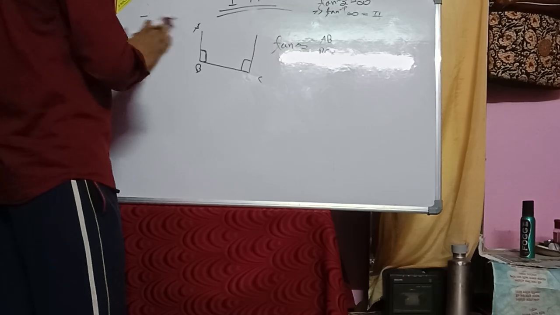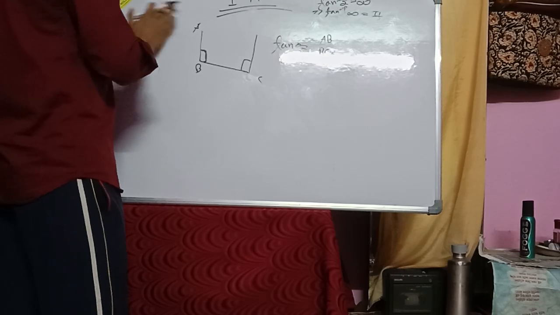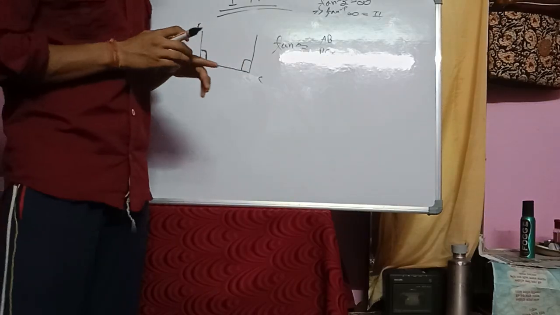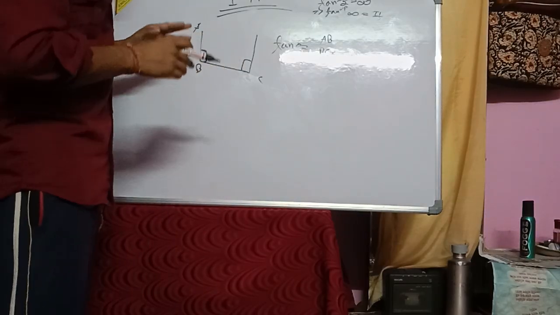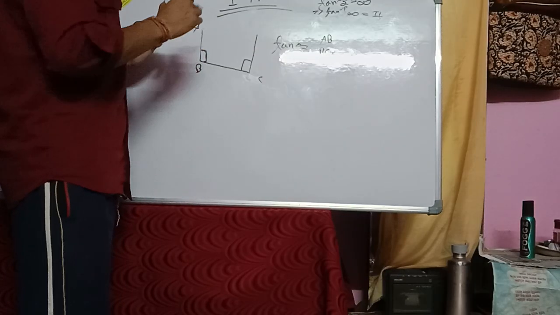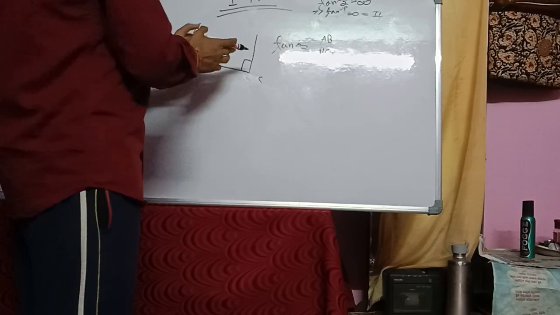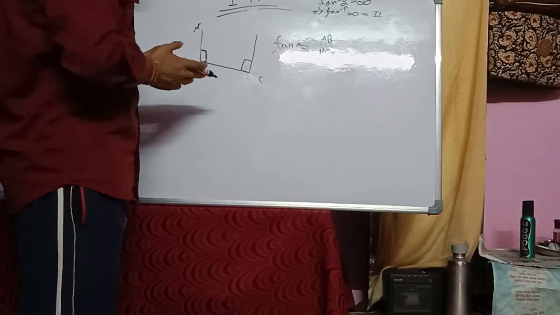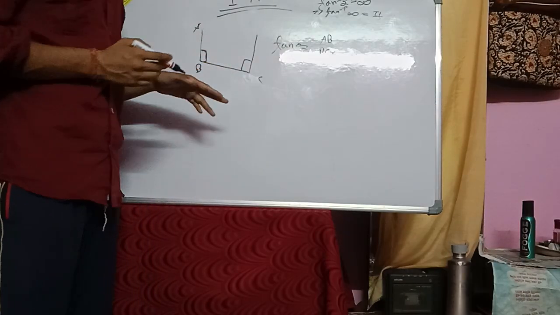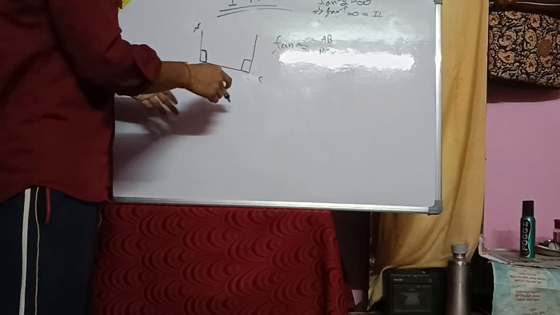So that means these two are going to be parallel to each other. So that means we won't be able to form a triangle here. The only way we would be able to form a triangle here would be if somehow we could make these two sides intersect. And you can see that making that happen is going to be very difficult because these two are parallel to each other.